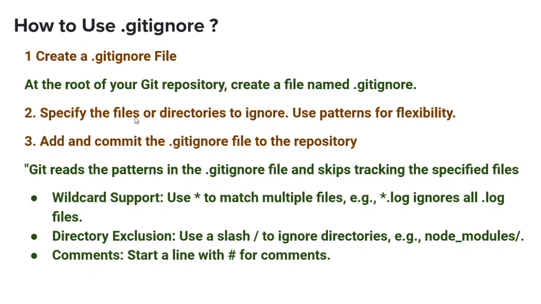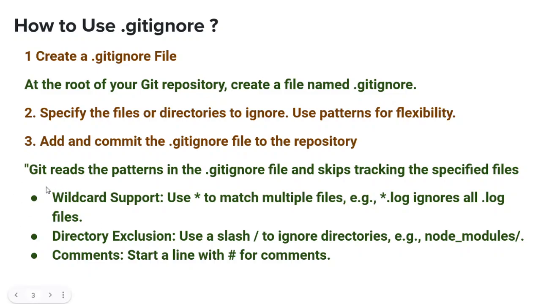After that, we have to specify the files or directories to ignore. That I will show you. Basically, we can specify the files or some pattern for the files which need to be ignored. And then we have to add that .gitignore file to the staging area, and we have to commit that file to your repository.